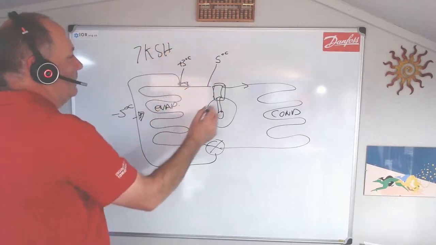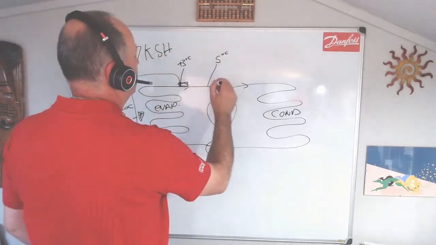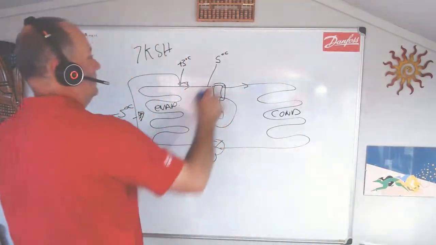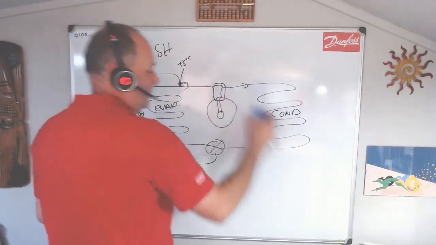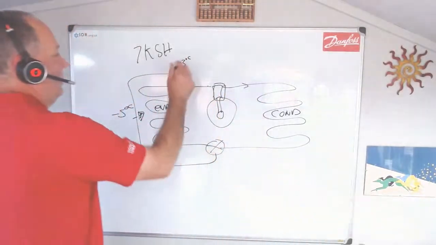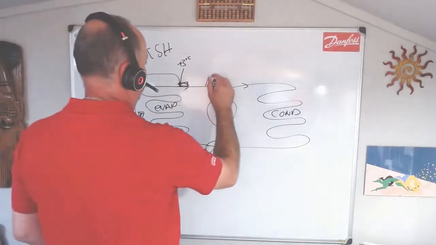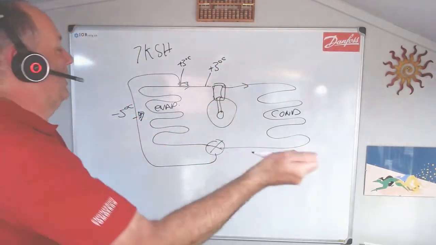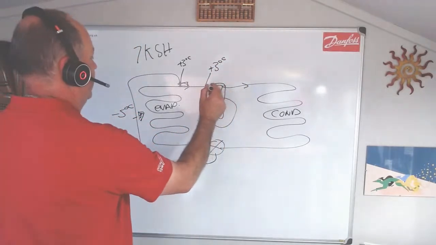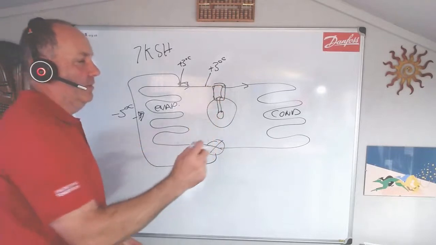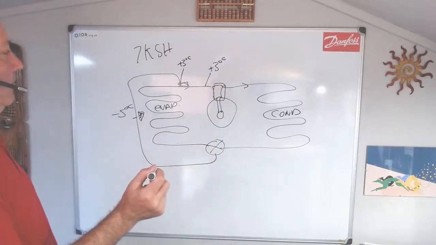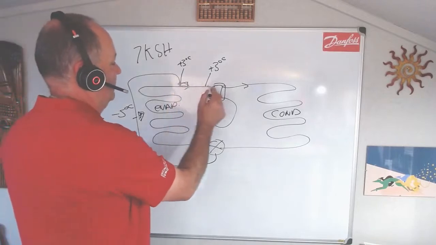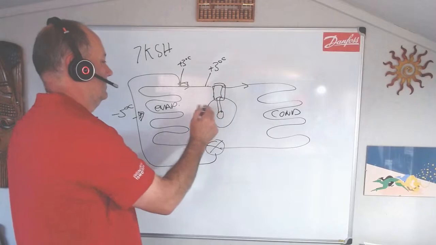And then back at our machine, I'm just going to remove that because I don't want to confuse. So we've got +3 there. If we had +3 there as well, measured with a probe on our suction stub of our machine, we'd only have 7K superheat. The challenge is you won't get that unless that distance is incredibly short.